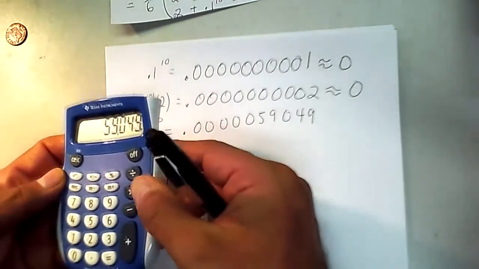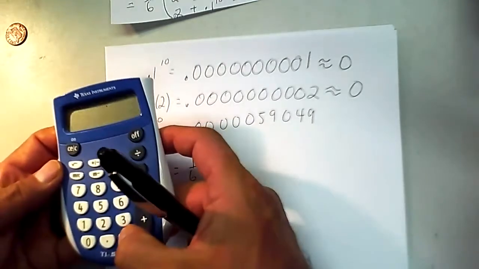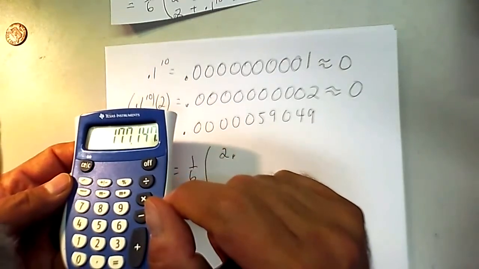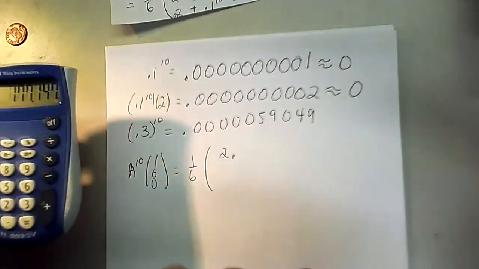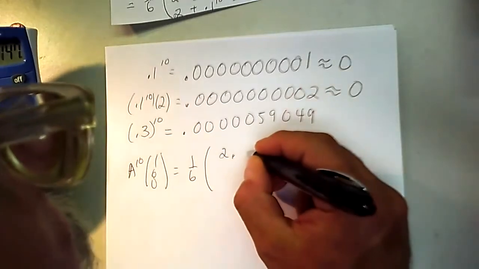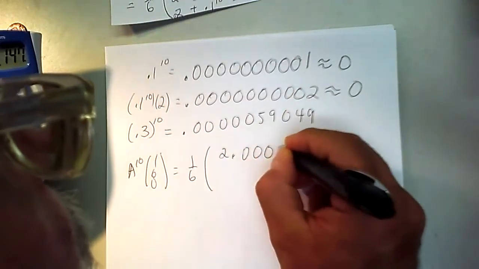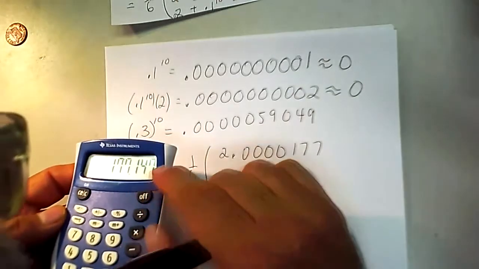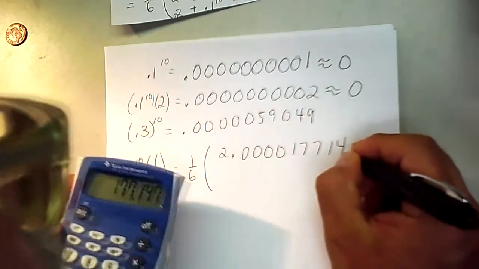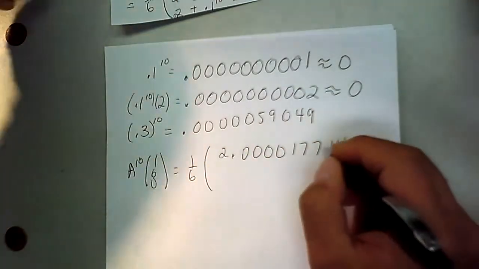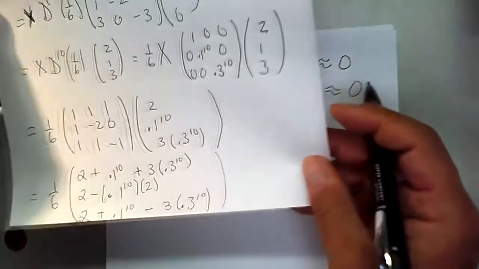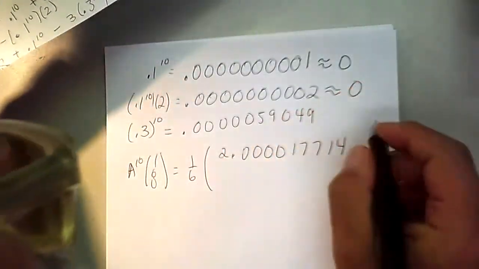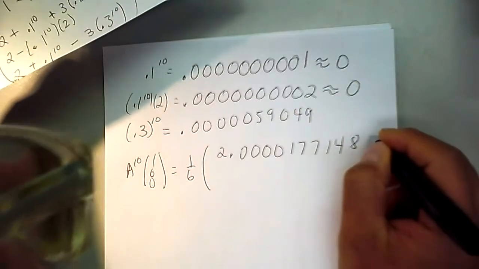So 5 times 3 equals 177,147. So we're going to have 4 zeros, 1, 2, 3, 4. 177,147, but yeah, we're going to add this one, so that's going to be 148.